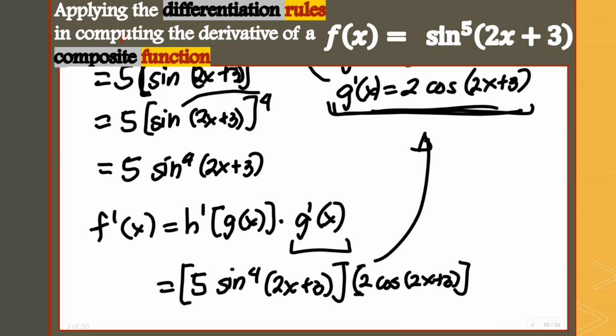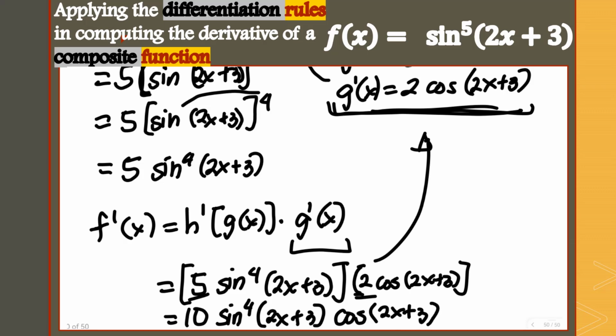So multiplying 2 and 5, you will get here 10 sine to the power of 4 of 2x plus 3, and then you have your cosine of 2x plus 3. You can no longer combine these two because they are of different trigonometric functions, and hence this is the result now of our given function.